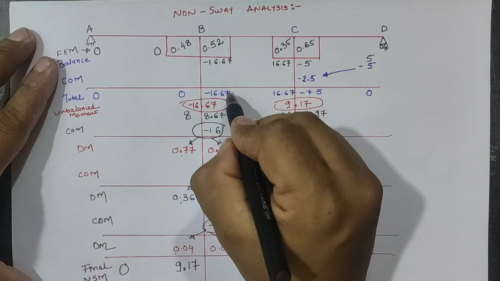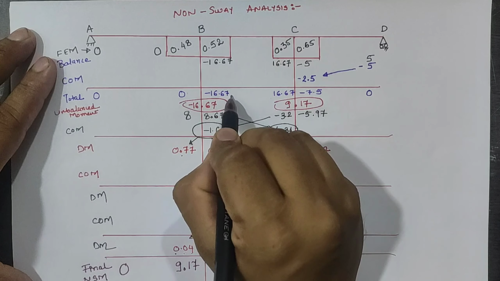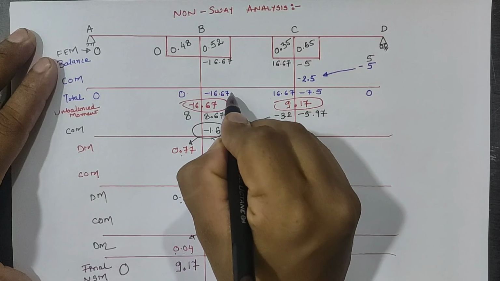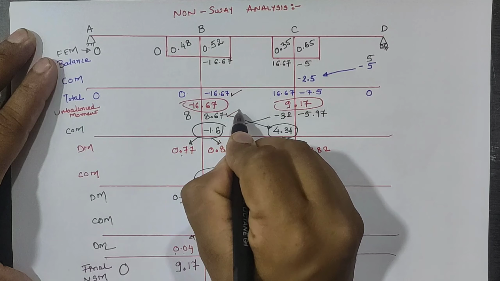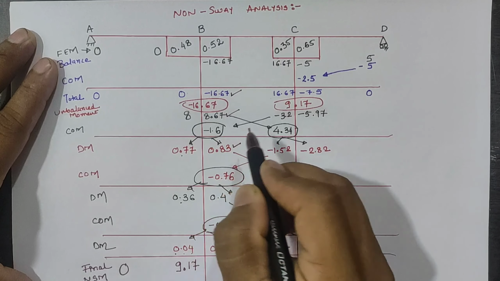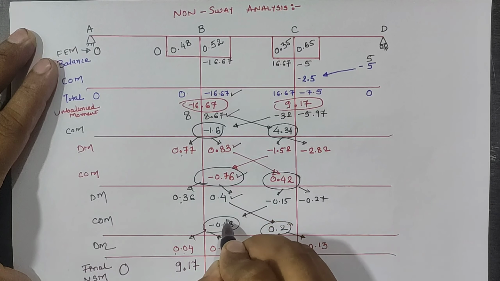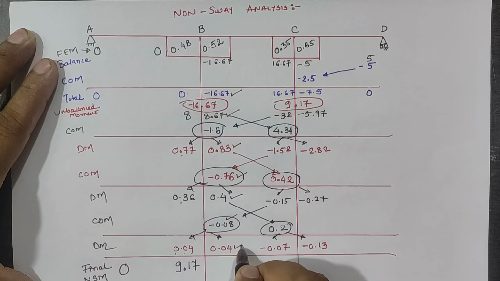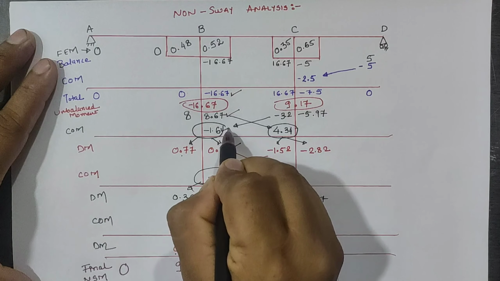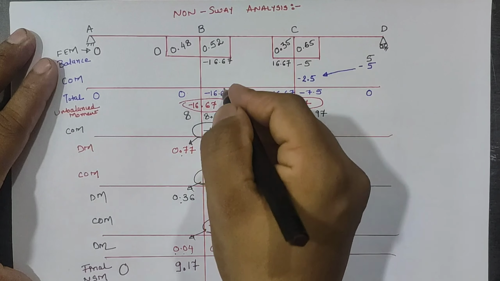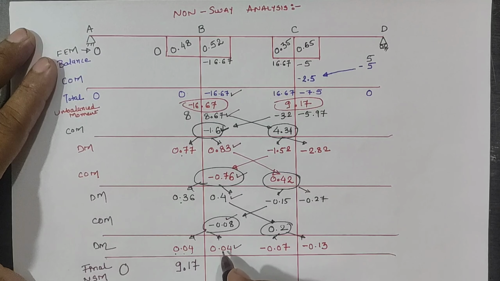Similarly, the algebraic summation is minus 16.67 plus 8.67 plus 0.83 minus 0.76 plus 0.4 minus 0.08 and 0.04, as well as minus 1.6 as a carryover moment. So total algebraic summation at joint B is minus 9.17.